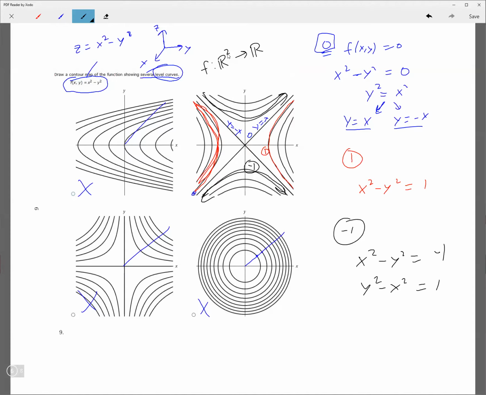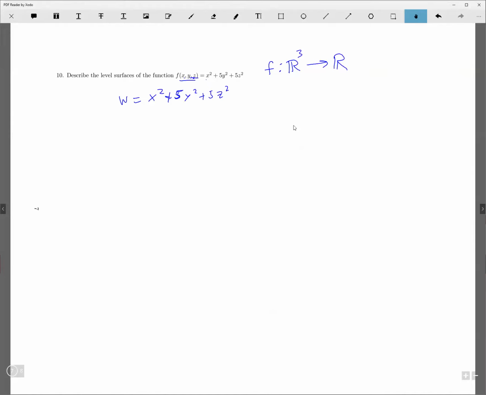Now, if we go R3 to R, then you can't really graph that, because those are 3 variables, you need a 4-space. We can't visualize 4-space. Or maybe the 4th dimension could be time, where you're flashing through flashcards for different values of W.